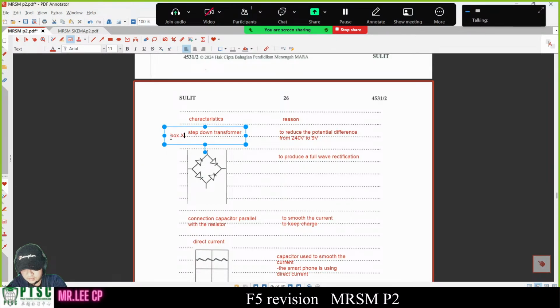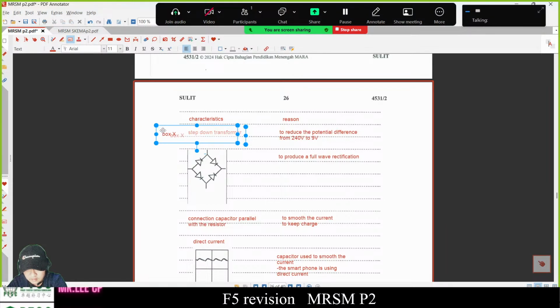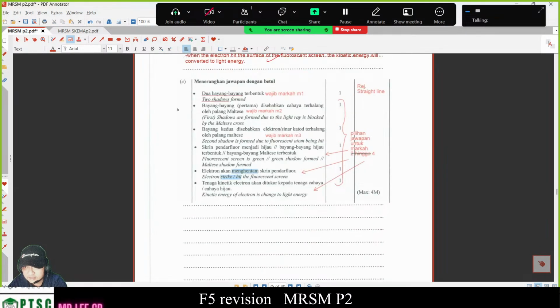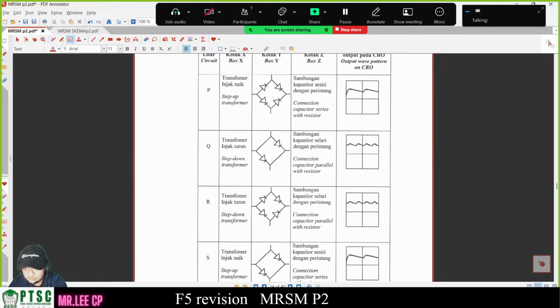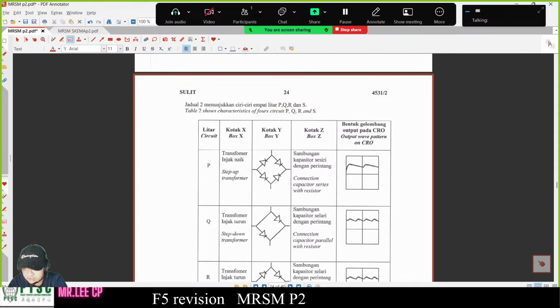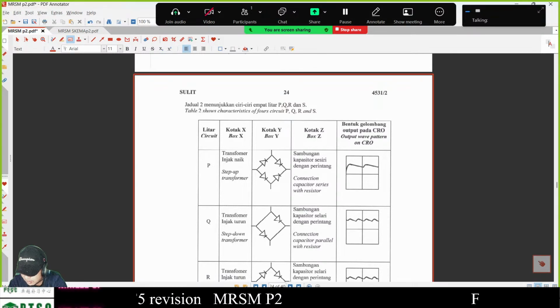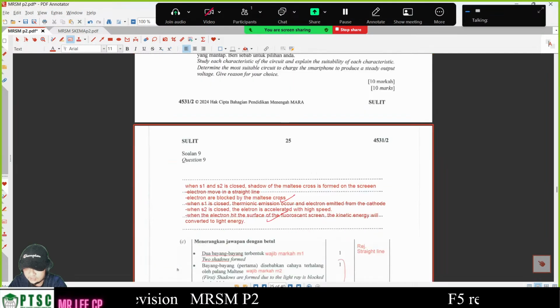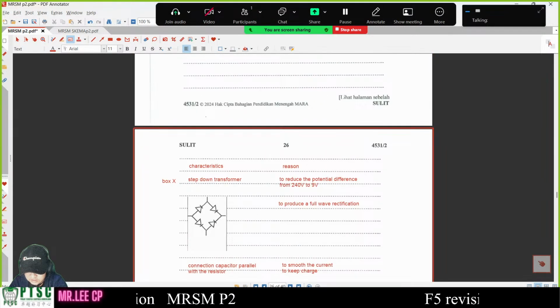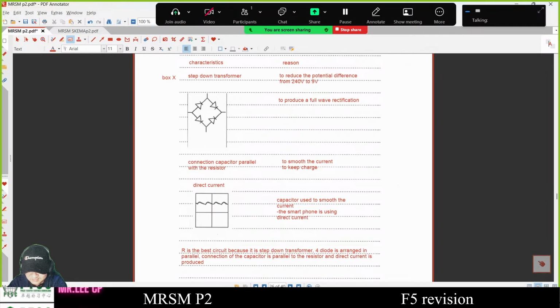I should write box X, Y, Z, and then output of wave pattern. I should write it here, X and then Y. If not, it is not complete.